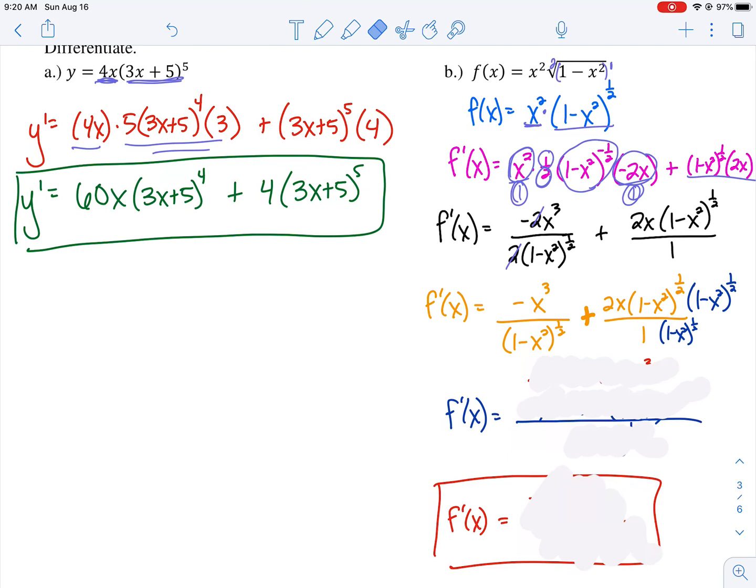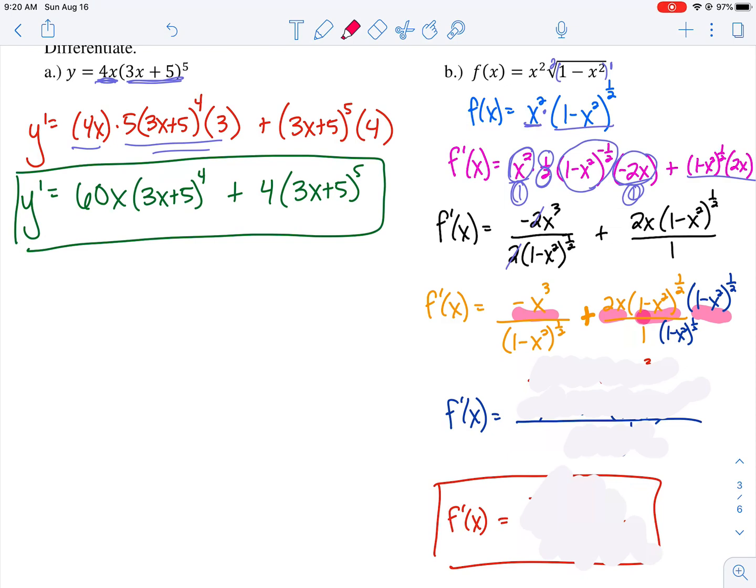When I do that, in my numerator, I have a negative x cubed plus I have a 2x, and then if I take a 1 minus x squared to the 1/2 and another 1 minus x squared to the 1/2, those bases are the same.